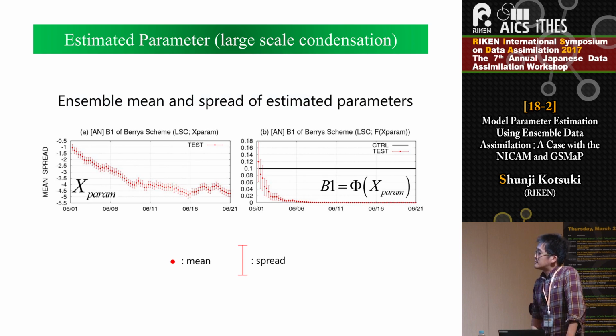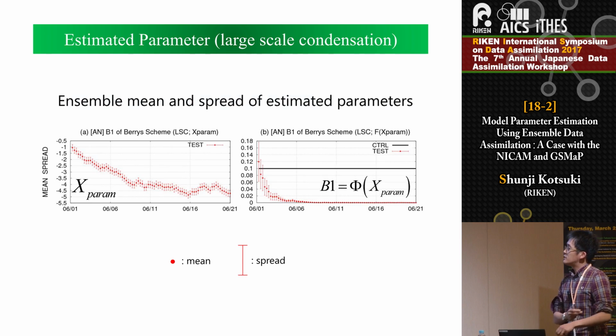So this panel shows the time series of the mean and the spread of the estimated parameter. Left panel is the one used for the ensemble transform Kalman filter, and right panel is the one used for the forecast in the model. And the dot and the error bars show the mean and spread. And as you can see, due to the relaxation to prior spread, we can maintain the spread of the parameter.